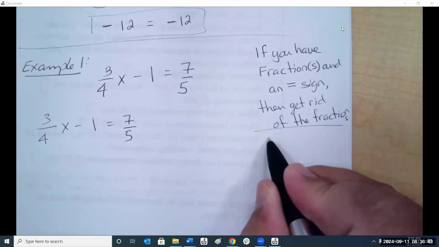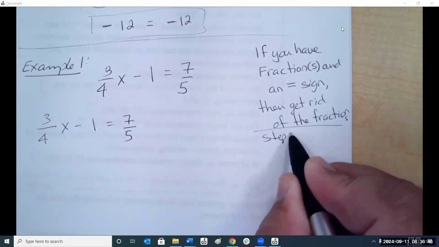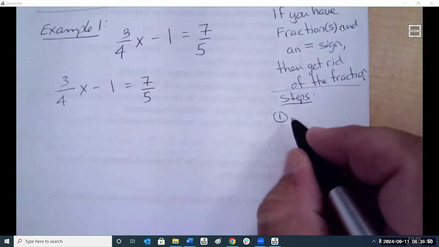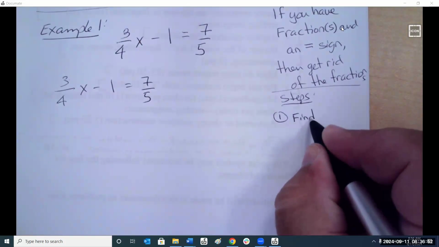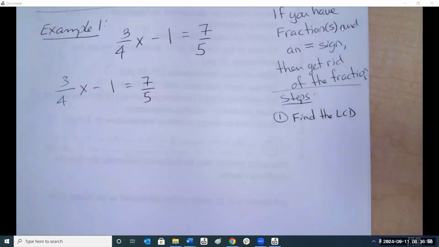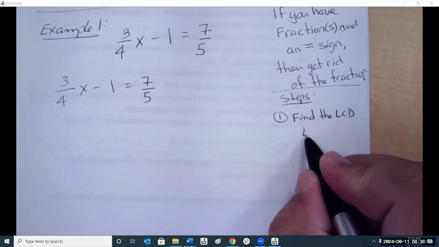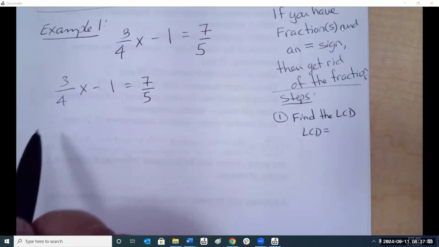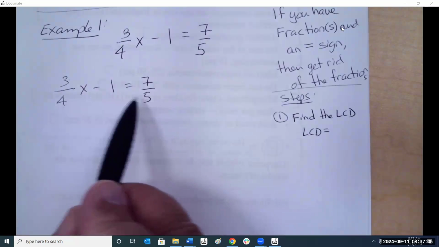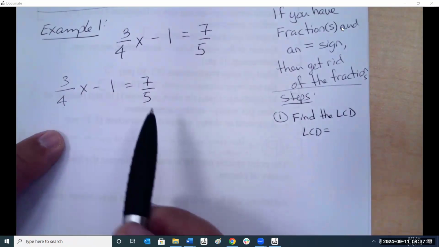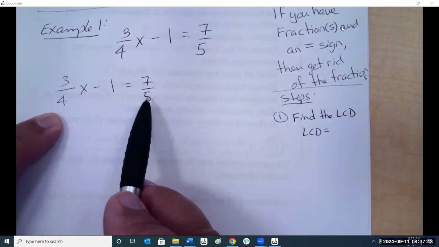Here are the steps. First step: find the LCD. LCD stands for least common denominator. What's the smallest number that the bottom numbers both fit into? 20. The LCD cannot be smaller than either of these.